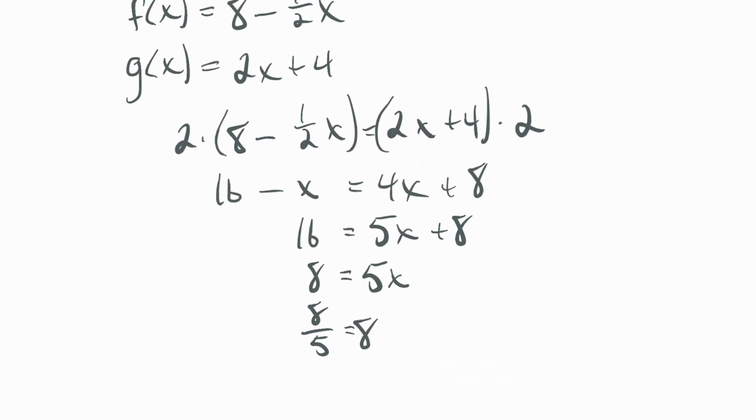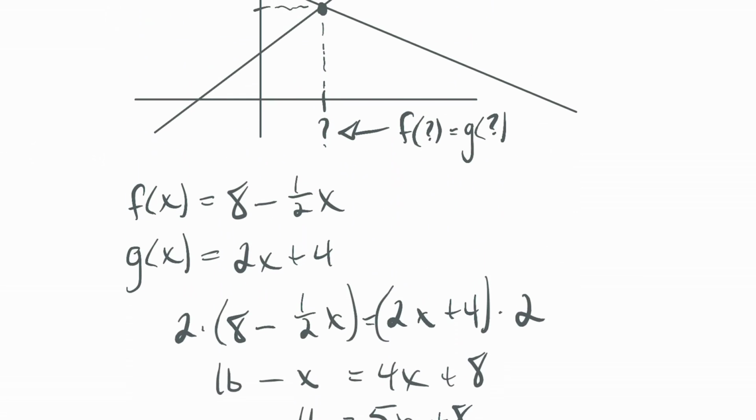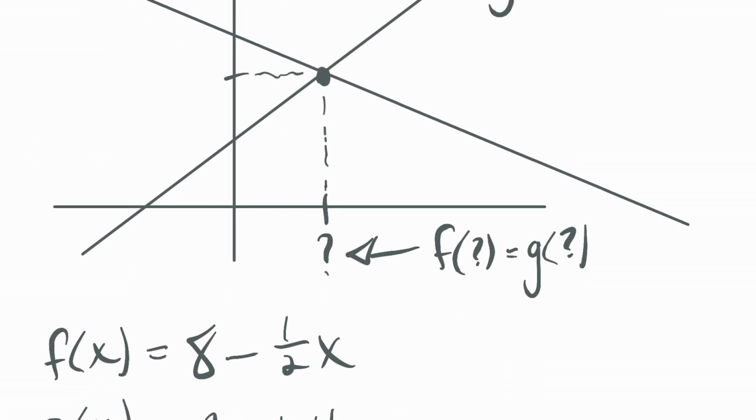So x equals 8 fifths. This is the x coordinate where the two functions agree; they have the same output. So anytime you want to know where two functions agree, just do this. That'll work fine.